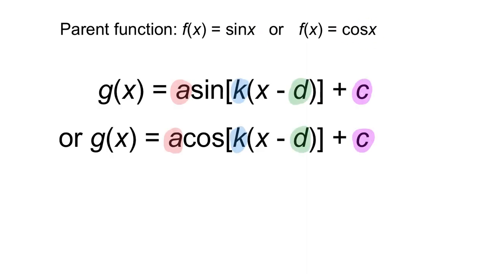So remember, we have A, K, D, and C values. These are just the placement of the numbers in your equations. Now, depending on where you're inserting a number into your parent function, that will correspond to a certain change that you're making on its graph.